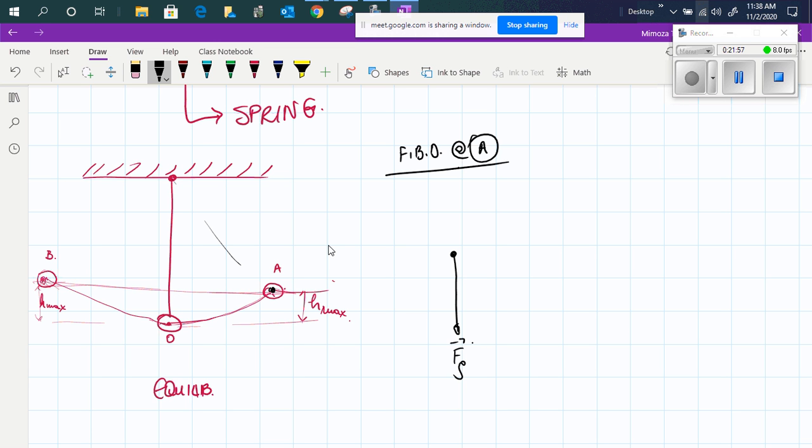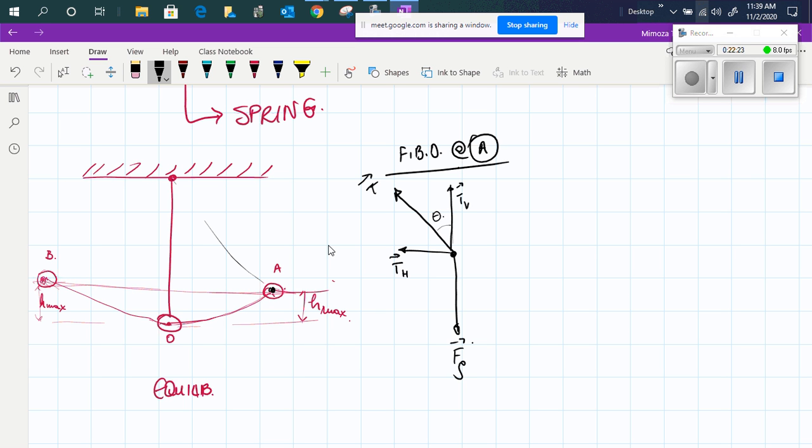And then we have a tension, starting from the object and going along the string. The tension will create a certain angle with the vertical axis, which means that we can break it down into a vertical component and a horizontal component.